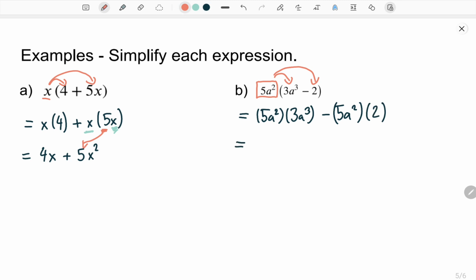All right. Again, we're using our multiplying by monomials method. Take a look at the numbers we have. 5 times 3, that's the first part we do. So 15. Then take a look at the variables. We have an a squared and an a cubed. You're multiplying the variables together, which means you're adding the exponents. So 2 and 3 makes a to the exponent 5.